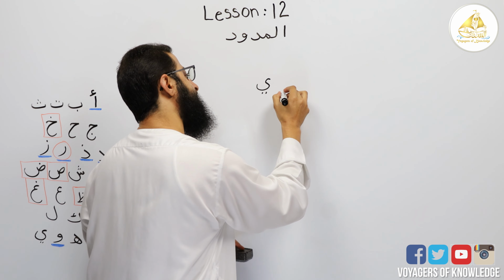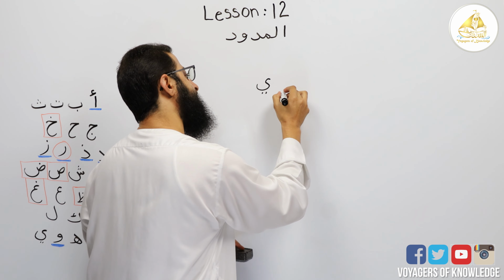Before we begin with set one, just again a reminder, how long should the vowel be? Remember in our last video, when we talked about the alif vowel, we said that it is going to be two harakat, and that basically means it's going to have as long a sound as it takes you to pronounce two harakas. So same thing with the ya.